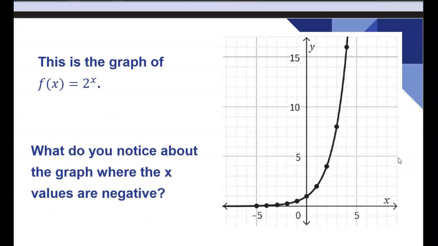So let's take a look at the graph of 2 to the x. We've been looking at this for a while. We know this is an exponential function. It's a curve, so this is all expected. But let's focus on negative values for just a second, where x is negative. What do you notice about the graph where x values are negative? What's happening here?